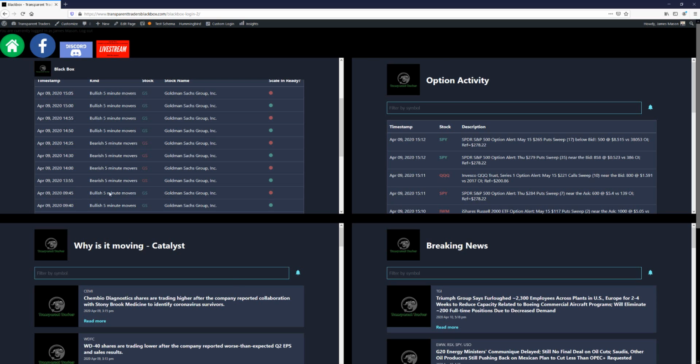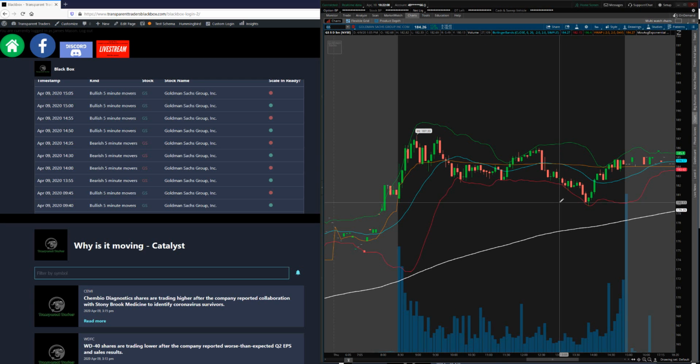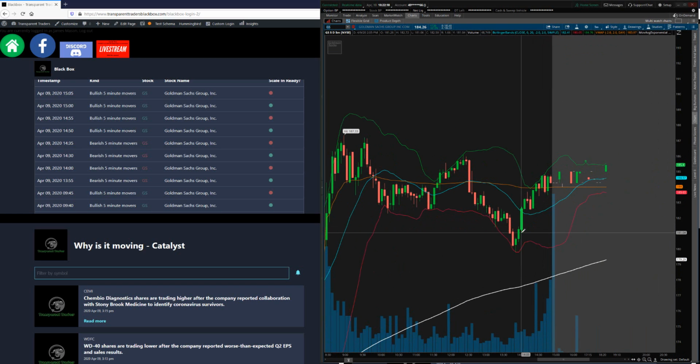So, say, we can just pull this one up on the chart, take a quick look at it. At 13:55 Central, it alerted its first bearish 5-minute mover, and we can see that one really wasn't a great alert.